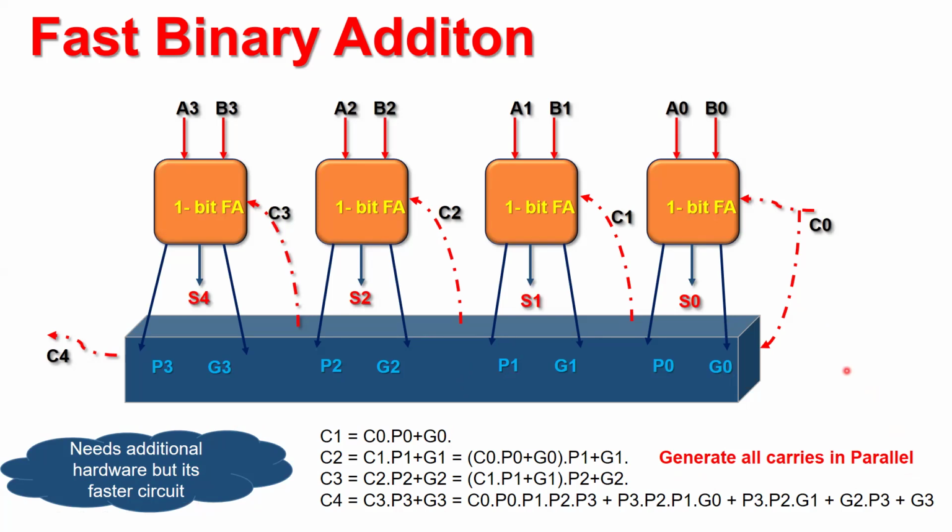It is very simple to implement this AND and OR logic here. This is basically a combination of circuits that you can put in this box, and that is how the complete carry look ahead adder will be done.